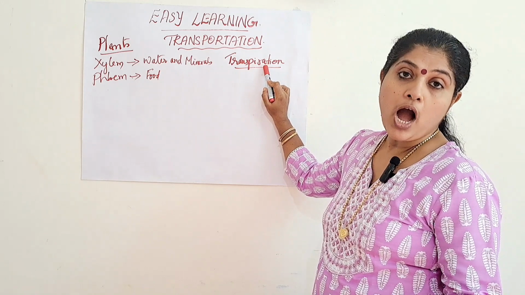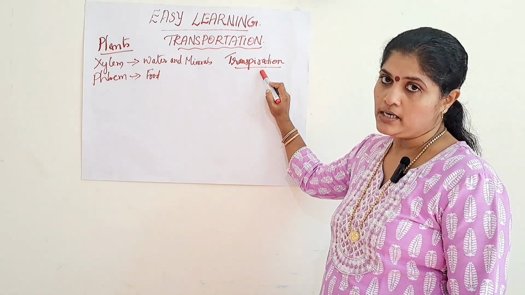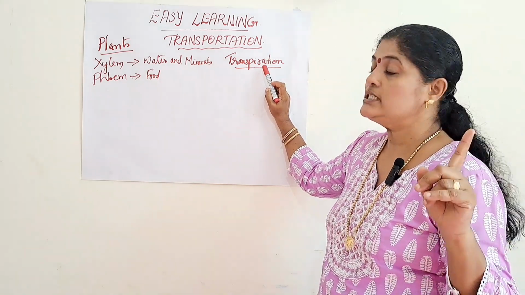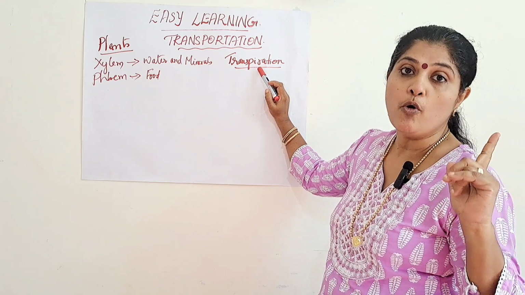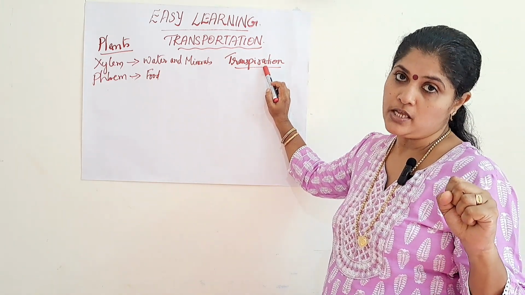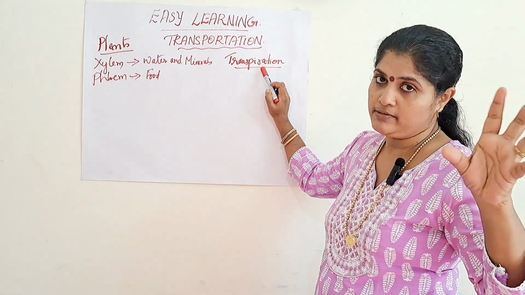And how does transpiration help in the upward movement of water in the plants? That is another important 2-mark question or give reason question which is always repeatedly asked in the board exam. We have said that the water is continuously lost from the leaves, isn't it?